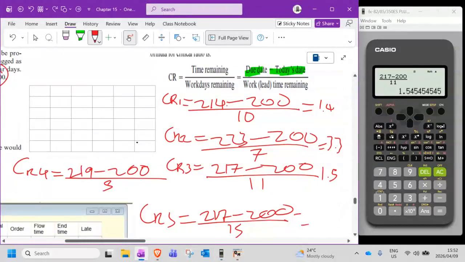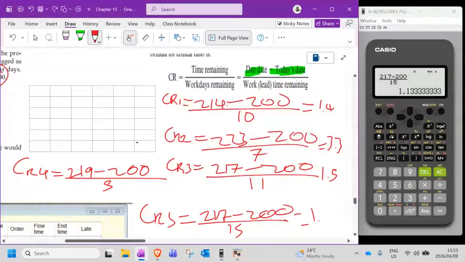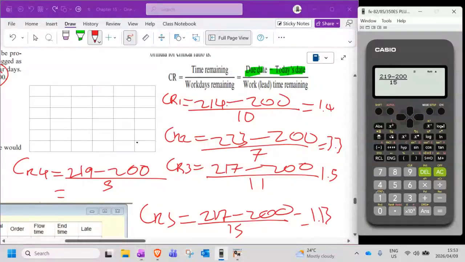Then we have another one that is a 15 here, then another one which is 19 there, over 5.